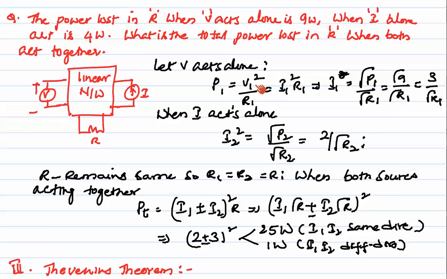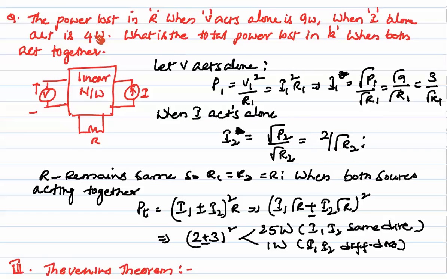What is the P1 value? They have already mentioned 9 watts. So the square root of 9 divided by the square root of R1 gives 3 by square root of R1. Similarly, when I acts alone, I2 is the square root of P2 divided by the square root of R2, that is 2 divided by the square root of R2.